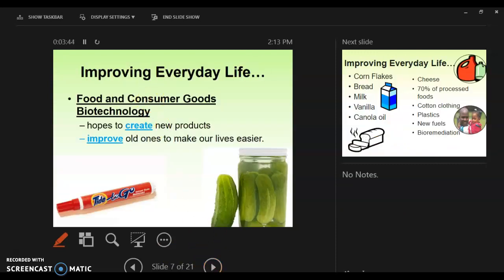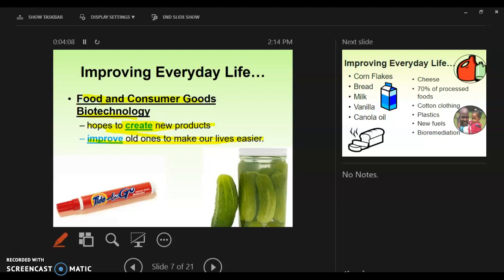Alright, so improving everyday life. With food and consumer goods, biotechnology hopes to create new products. We have new products that are going to enhance our lives, and we improve old ones to make our lives easier. Things are different between when I grew up versus when you guys grew up.